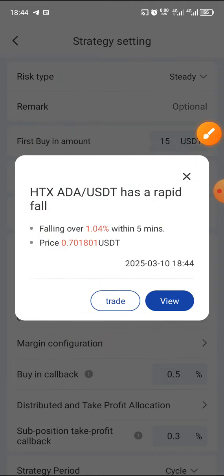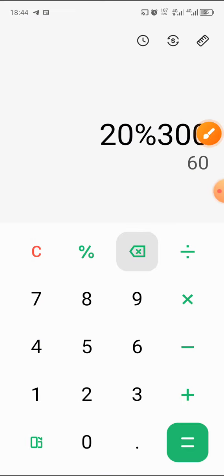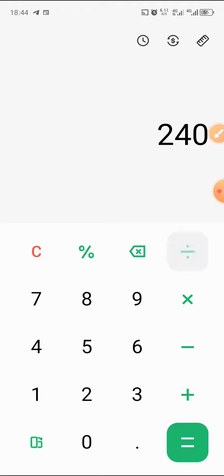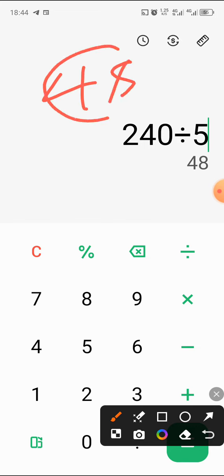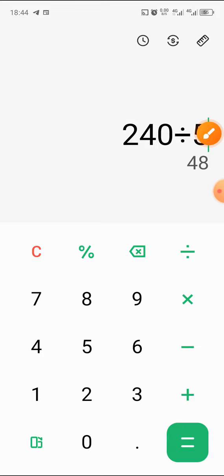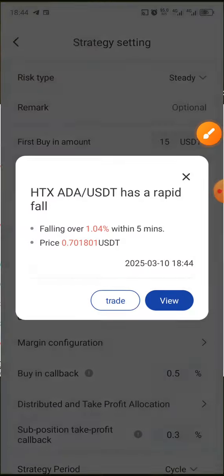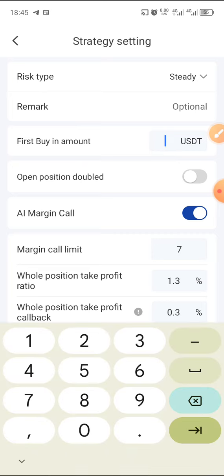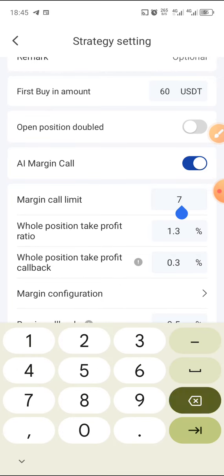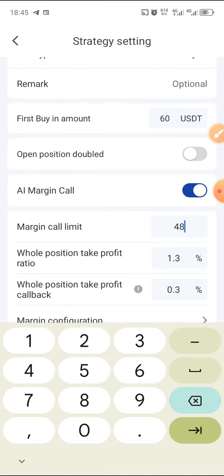So with your 240 divided by 5, it will be giving you 48 margin calls. 48 margin calls, giving you a little bit of safety in the market. Okay, so this is how you are going to set it. Remember, our first buying amount is 60, and the margin call limit is going to be 48.